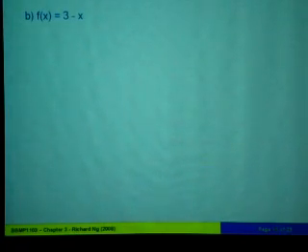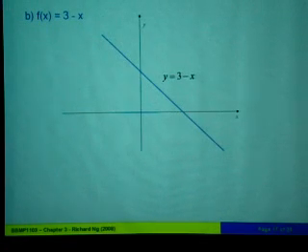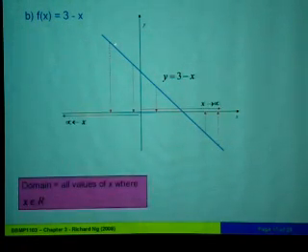Next, for f(x) equals 3 minus x, you can say y equals 3 minus x. Since this is a negative x, which we will learn in chapter 4 on how to plot this straight line, this is a negative line. Same thing, we take any points on the straight line and drop it onto the x-axis.